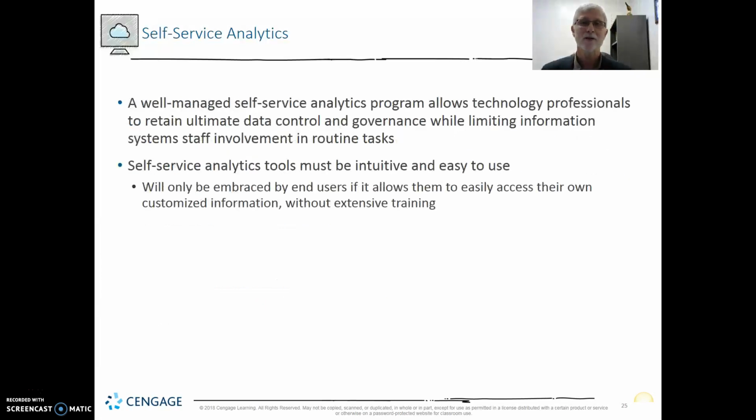If you have a well-managed system, it allows us to make better informed decisions. But of course, being self-service and being a non-data scientist, these tools must be easy to use and intuitive. If they're not, we know we're not going to use them.